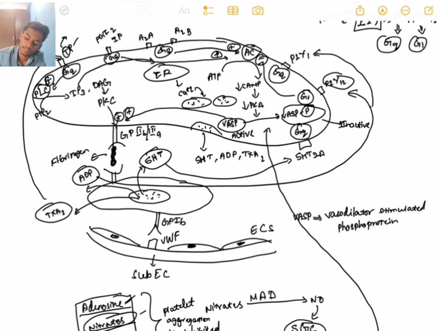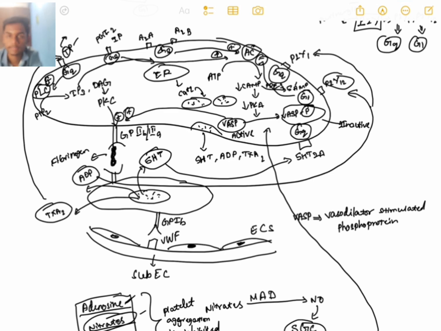See, this cyclic AMP can be converted into 5-AMP by phosphodiesterase 3. So the drugs which inhibit phosphodiesterase 3 will cause more cyclic AMP, and platelet aggregation will be inhibited.